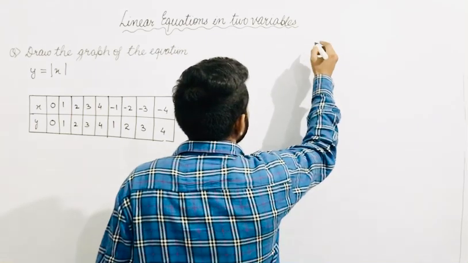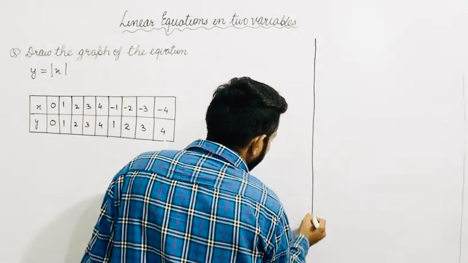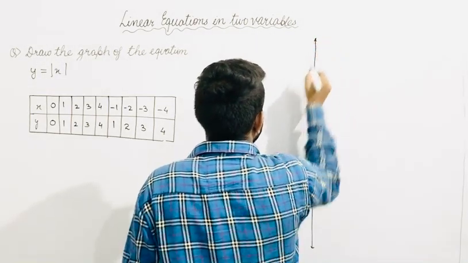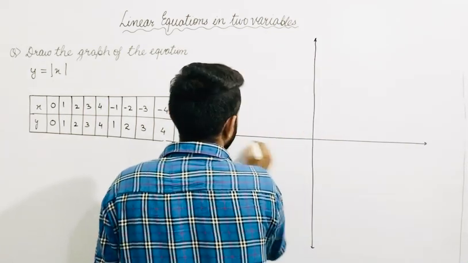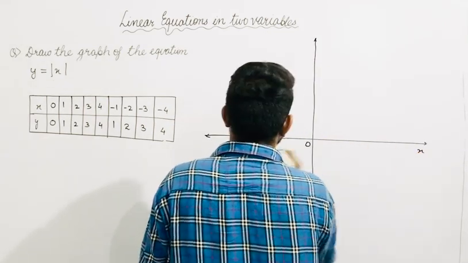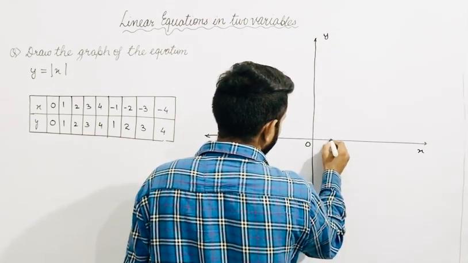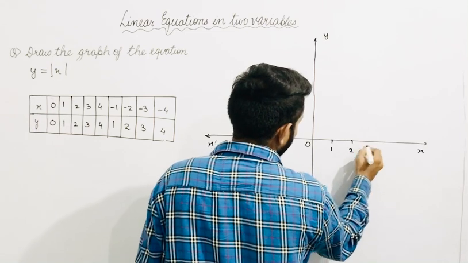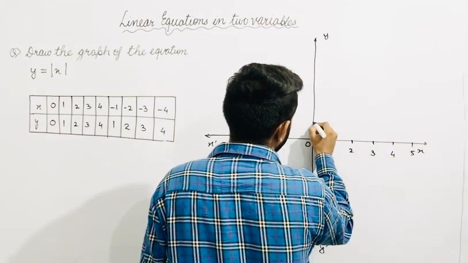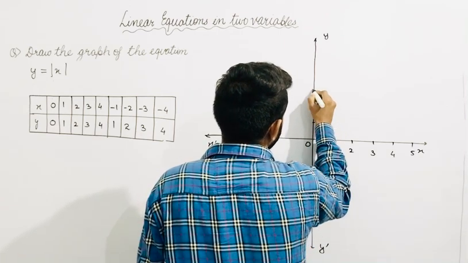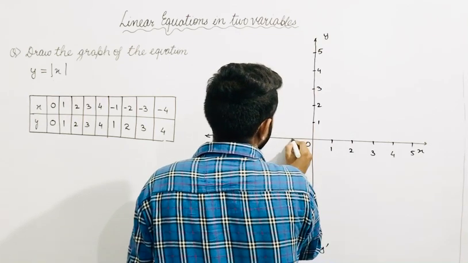Let us draw the graph of modulus, y equals mod x. A very simple graph. It is 0, x positive, x negative, y positive, y negative. 1, 2, 3, 4, 5. 1, 2, 3, 4, 5.